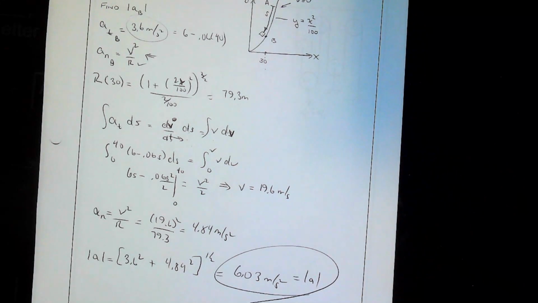Then we square that and bracket to the 3 halves. Then taking the second derivative, we get 2 over 100, which is 1 over 50. Anyway, use your calculator, pump this out, you get 79.3 meters.